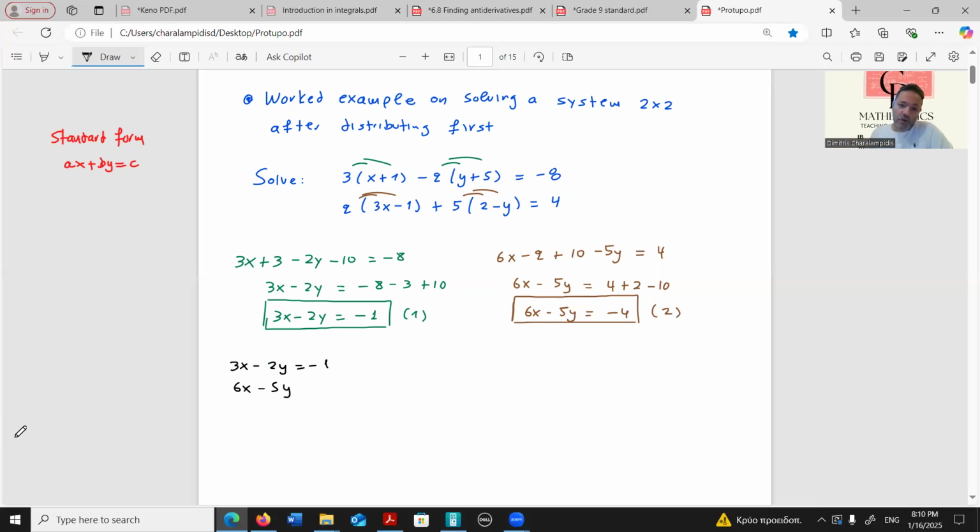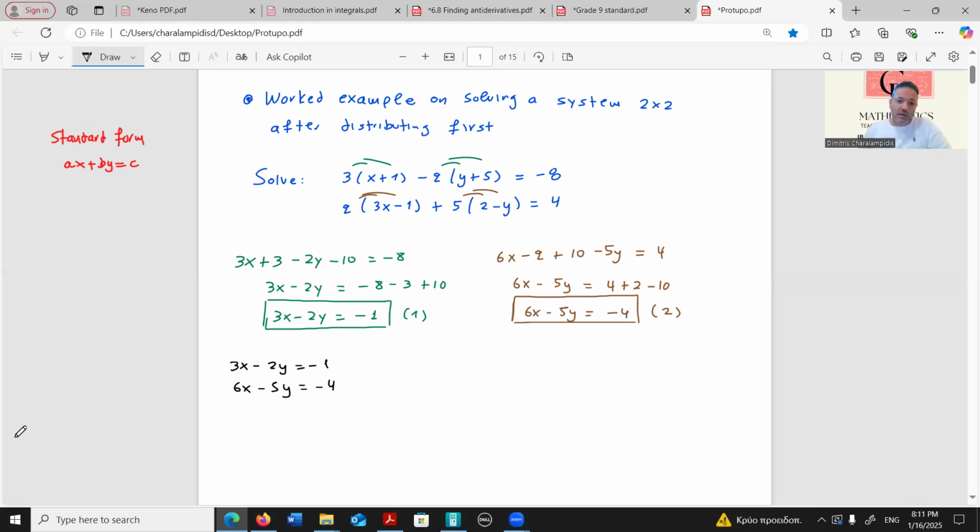3x minus 2y equals negative 1, 6x minus 5y equals negative 4. Now, since the exercise did not specify the exact method that needs to be followed, it's totally up to us. What I would suggest, in order to avoid creating fractions at this early stage, I would have preferred following the elimination method.